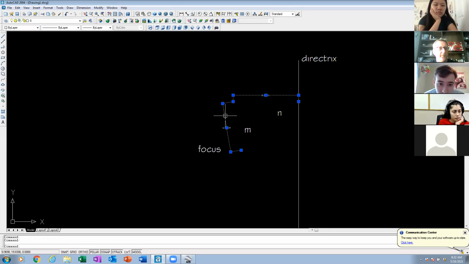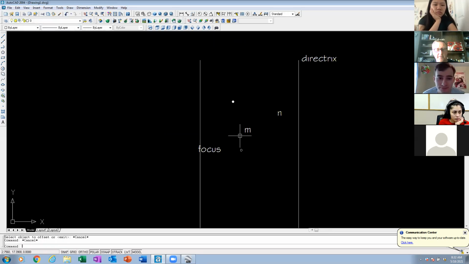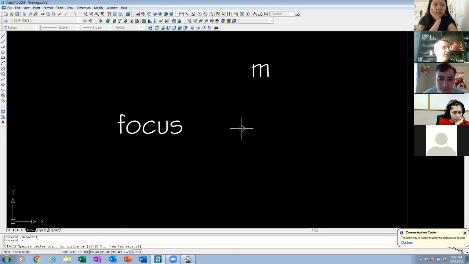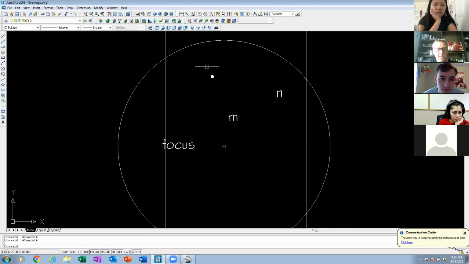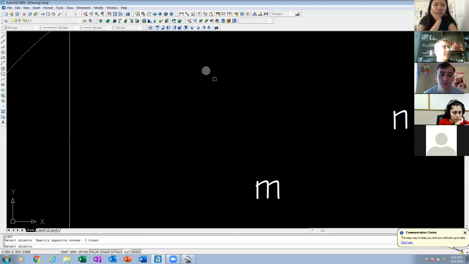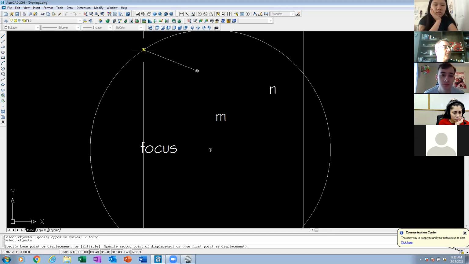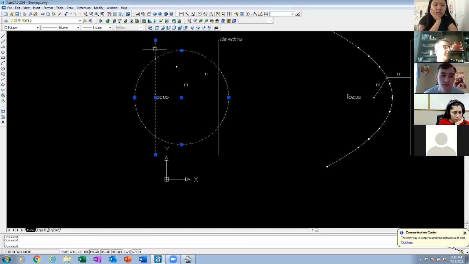So let's offset 12. That's an easy one. 3/4 of 12 is 9. If I make a circle of radius 9, now I have another point that I can plot. Copy. Stick that over there.